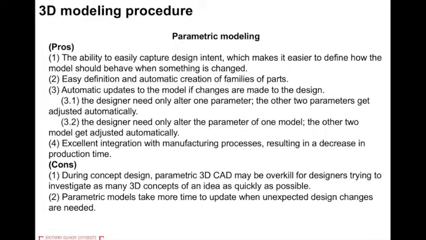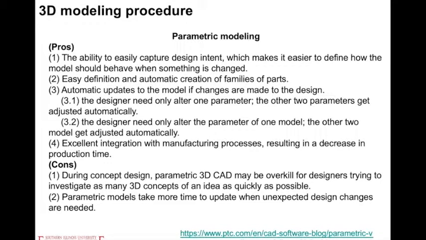And second, parametric modeling takes more time to update when unexpected design changes are needed. So that means at the very beginning of the design, direct modeling is more appropriate. Then later, when the general shape of the model is fixed, you'd better choose parametric modeling to help you with modular design and modular manufacturing.